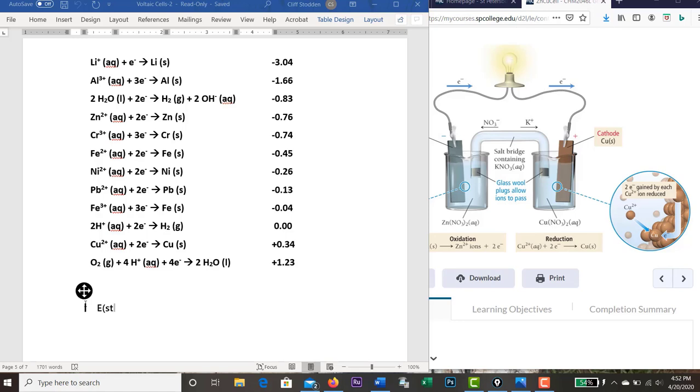I can't do an E0 here, so I'm just going to use the STD for standard potential, equals the E reduction of the cathode minus the E reduction of the anode.